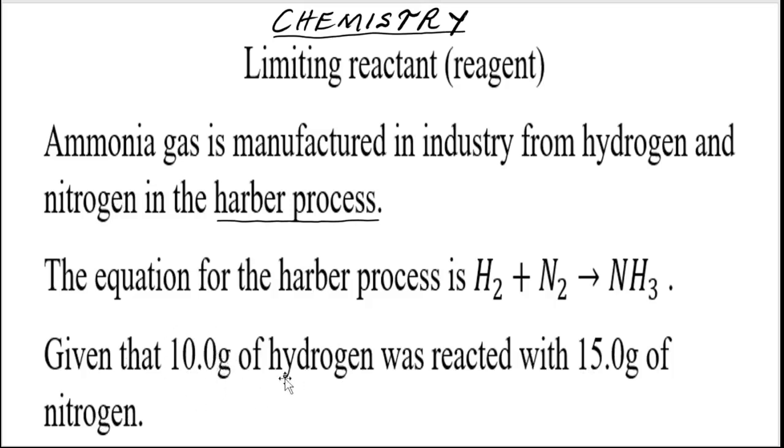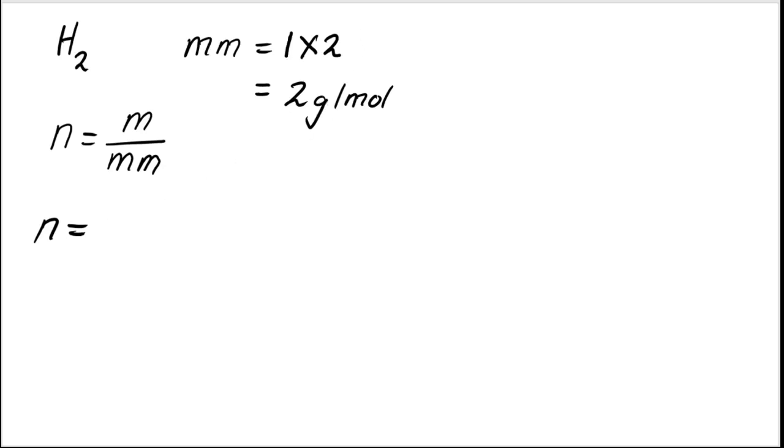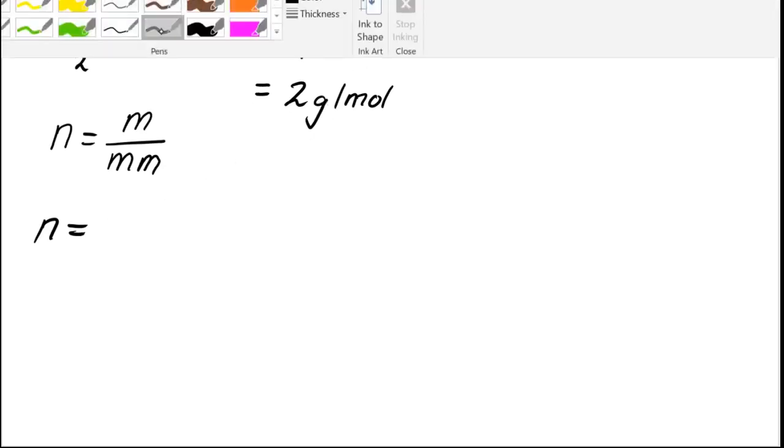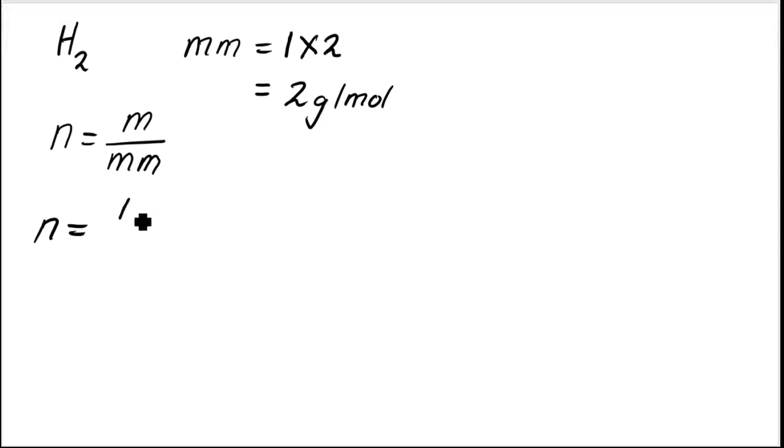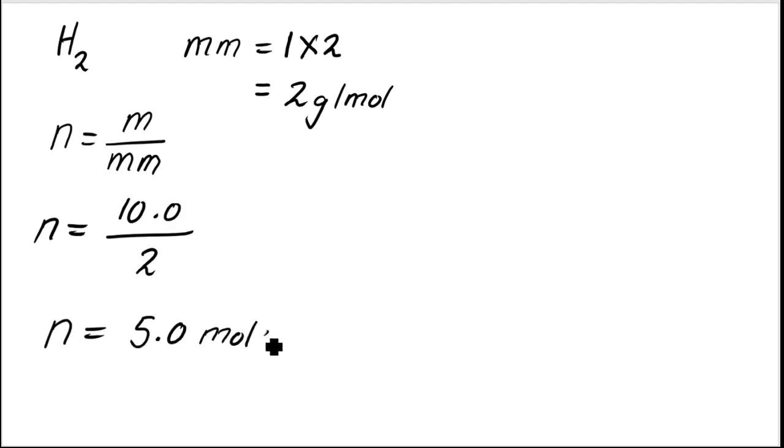So the mass of hydrogen given is 10.0 grams, and we're going to use that as the mass. 10.0 over the molar mass of 2 grams per mole gives us 5.0 moles. So that is the number of moles of hydrogen.